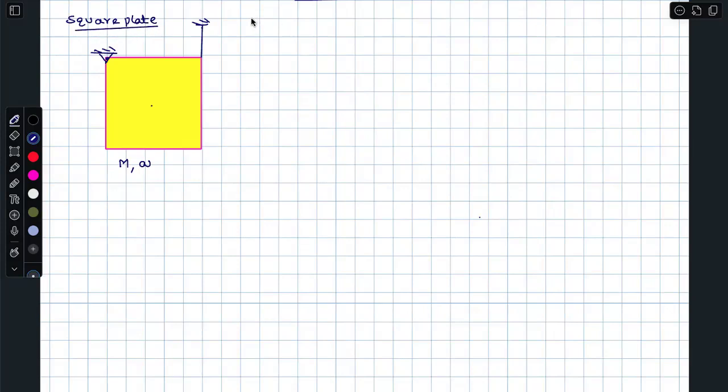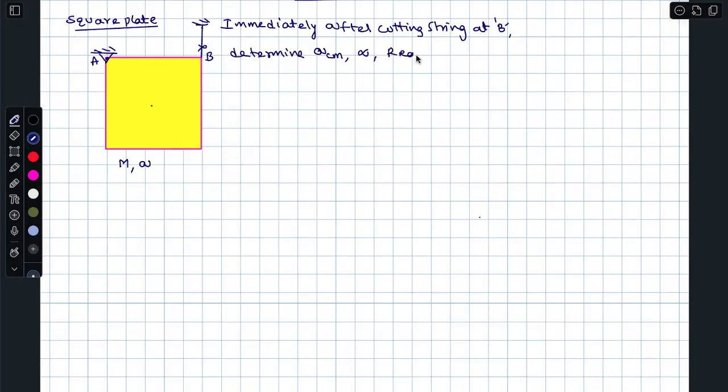Remember, I am just cutting the string at this point, at B. This is B and this is A. At that instant, immediately after cutting the string, I want to determine the acceleration of center of mass, angular acceleration, and reaction of the hinge.